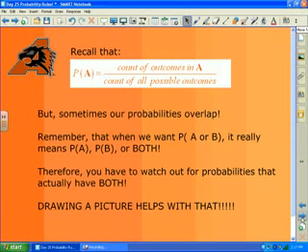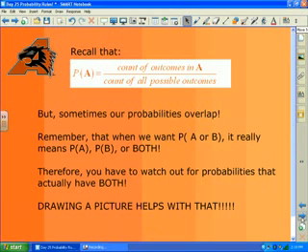You recall basic probability is this: the count of outcomes that you want out of all possible outcomes. But sometimes they overlap and they are not disjoint. So remember that when we wanted probability of A or probability of B, everything we've been doing so far has just been A or B because they've been disjoint and not overlapping.